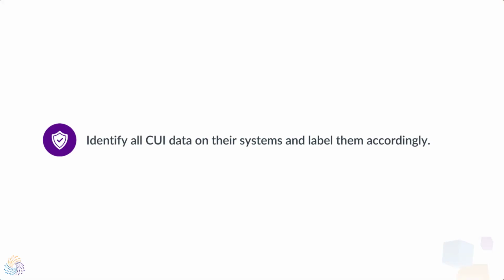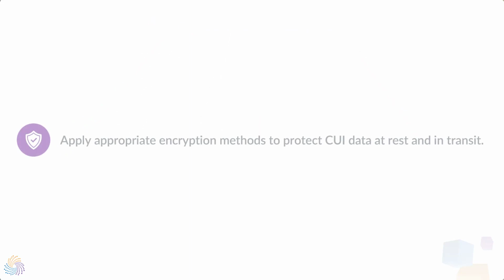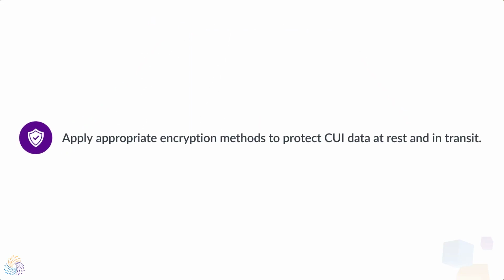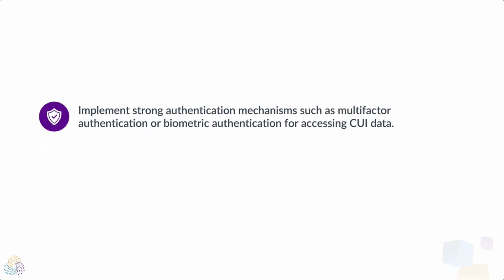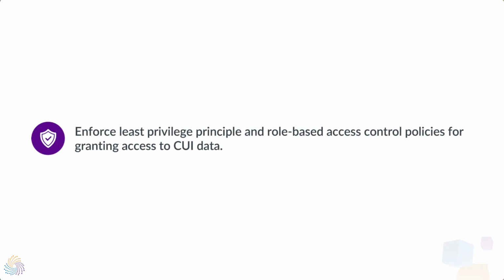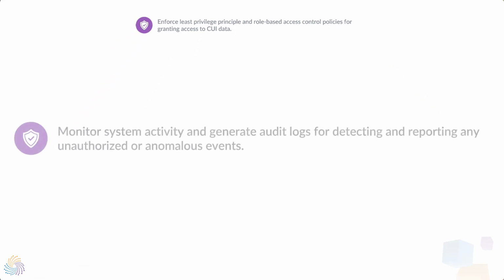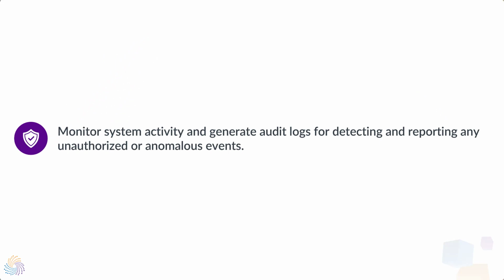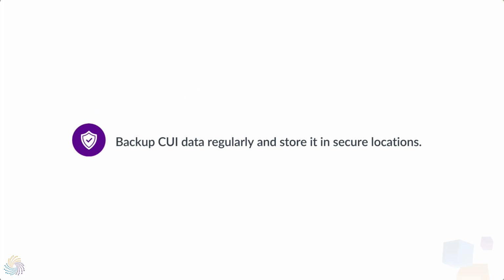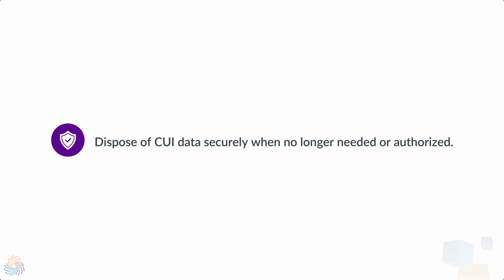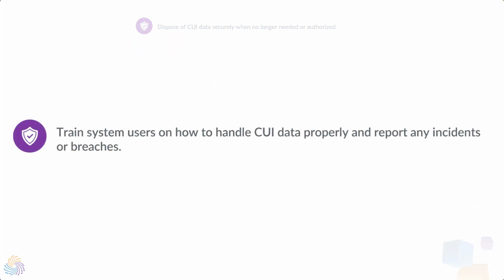However, some general steps that system administrators and users can take to comply with NIST 800-171 are: identify all CUI data on their systems and label them accordingly, apply appropriate encryption methods to protect CUI data at rest and in transit, implement strong authentication mechanisms such as multi-factor authentication or biometric authentication for accessing CUI data, enforce least privilege principle and role-based access control policies for granting access to CUI data, monitor system activity and generate audit logs for detecting and reporting any unauthorized or anomalous events, back up CUI data regularly and store it in secure locations, dispose of CUI data securely when no longer needed or authorized, and train system users on how to handle CUI data properly and report any incidents or breaches.